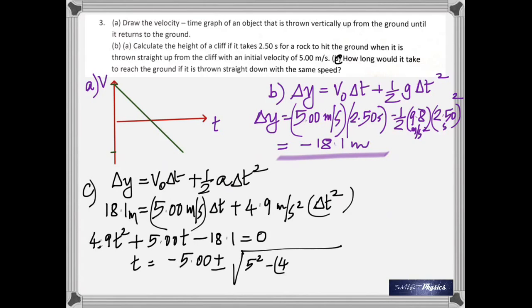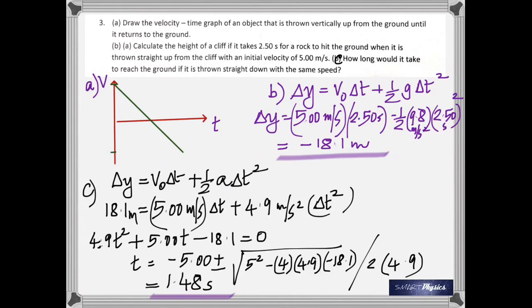If that's not clear, search for the video Basic Math Part 2, where I'm clearly telling you how to find the roots of a quadratic equation. Okay. It's minus b plus or minus square root b squared minus 4ac by 2a. Did it sound like Greek? I was fast. Go back to the Basic Math Part 2 video and you will see it. Anyways, here you get the time as 1.48 seconds.